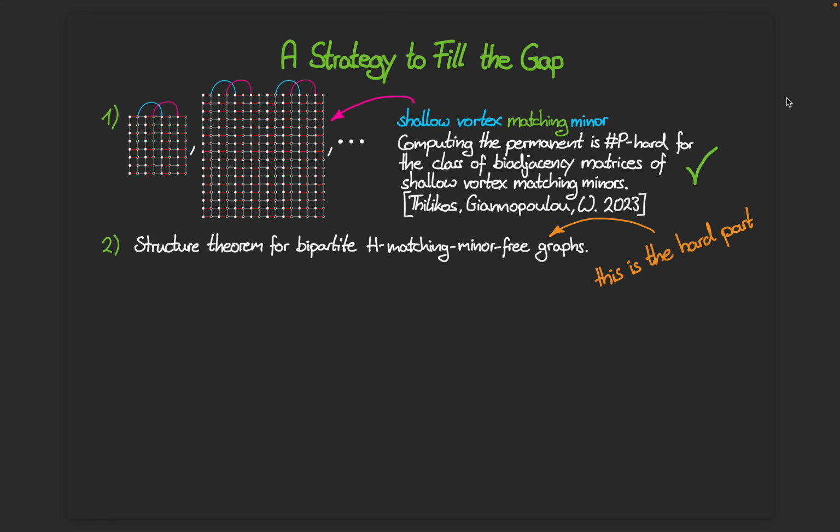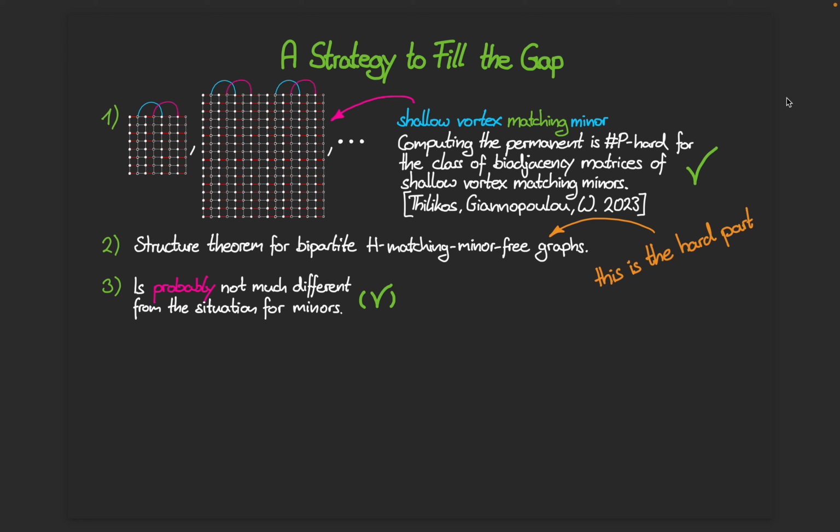So the second thing we would need is a general structure theorem for bipartite graphs excluding some matching minor. This is clearly the hard part because it's a very deep theory in graph minors. And then lastly, what we would need is a toolkit of algorithmic tools to handle the emerging structure that hopefully comes out of combining small partial solutions, and fully compute the number of perfect matchings in the graphs we are given.